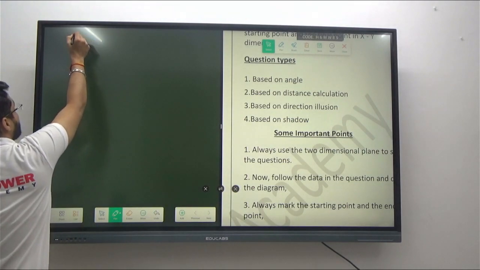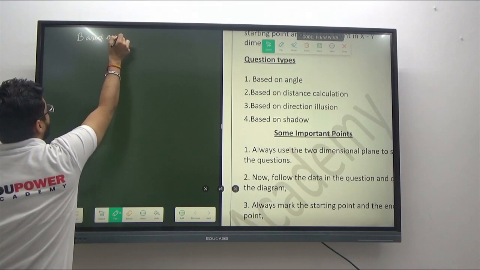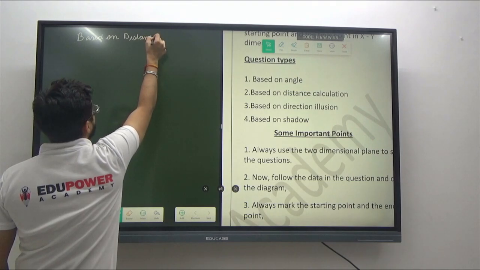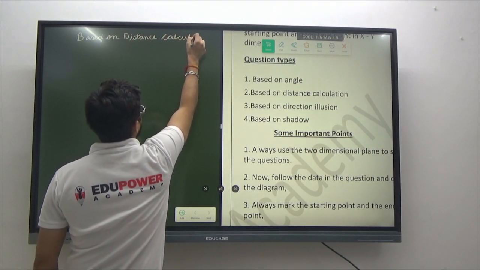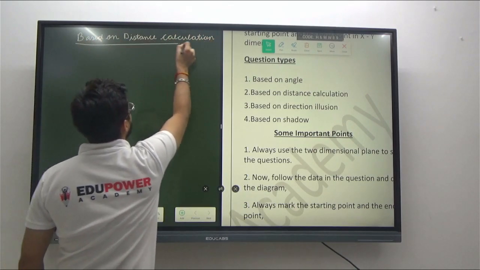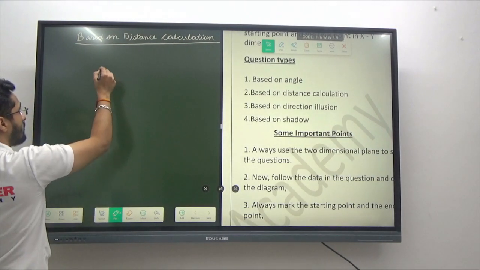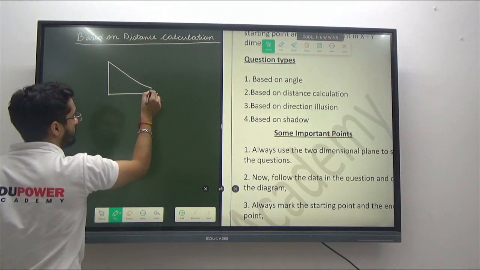In questions based on distance calculation, you should be aware of the basic theorems of geometry which we have studied.